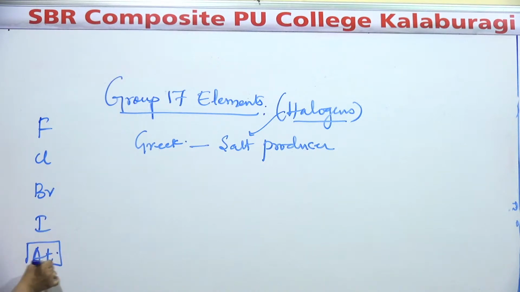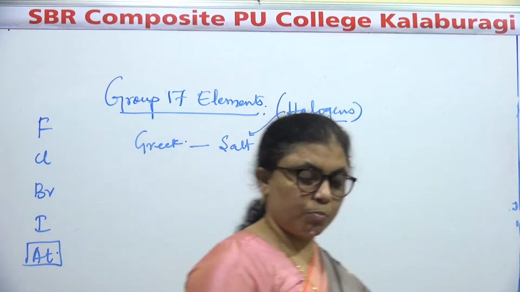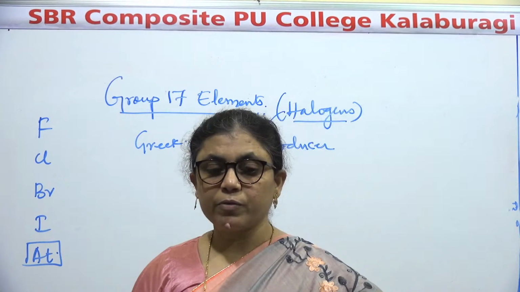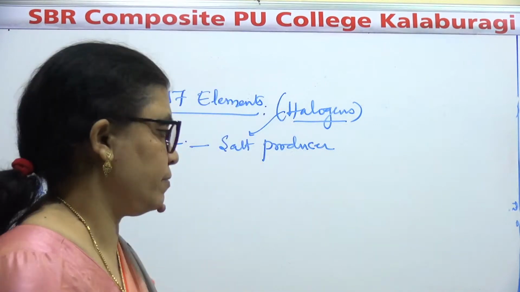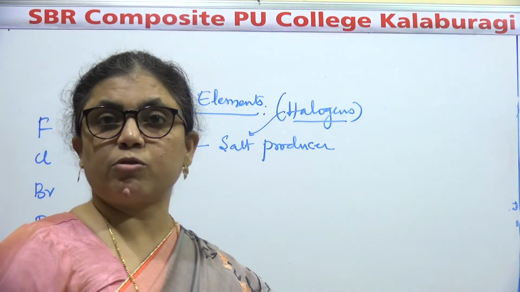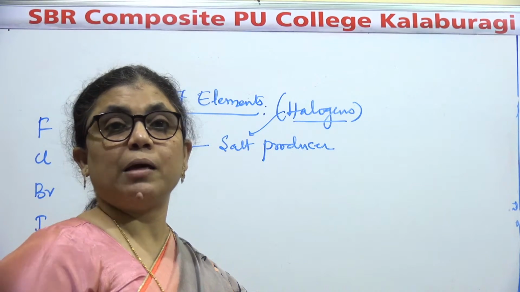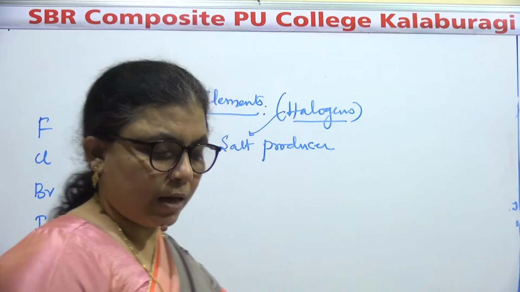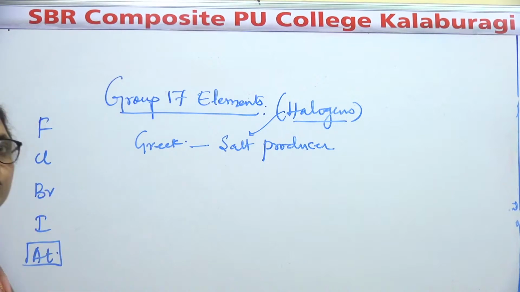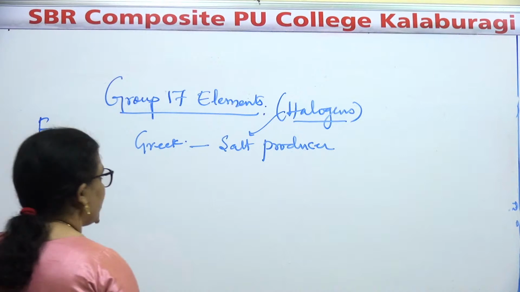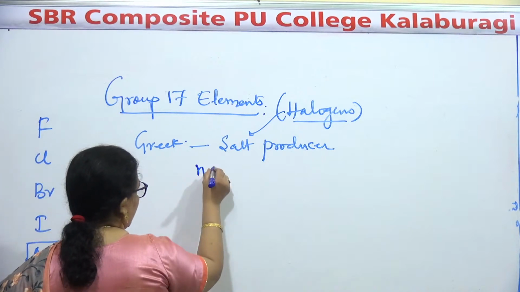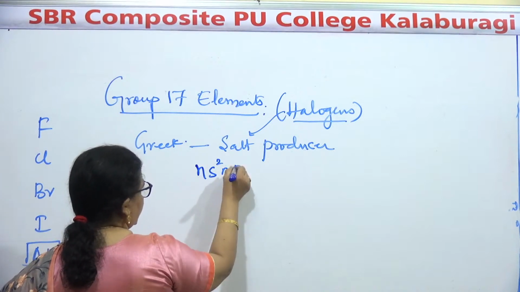As in group 16 we said polonium, whichever group you are going to discuss, first write the elements on one side, the elements that are in that group. These have the electronic configuration ns2 np5.